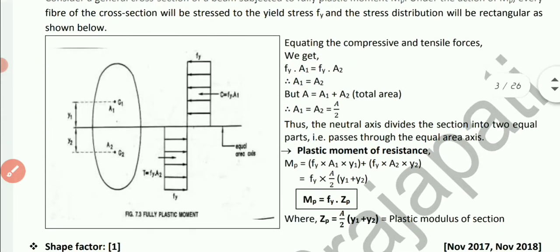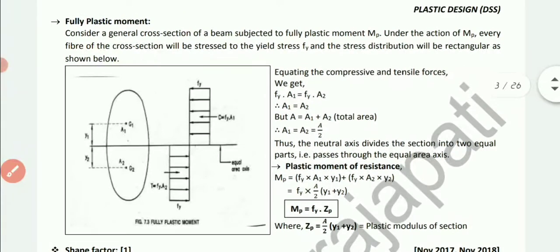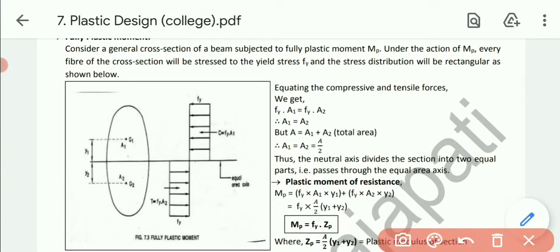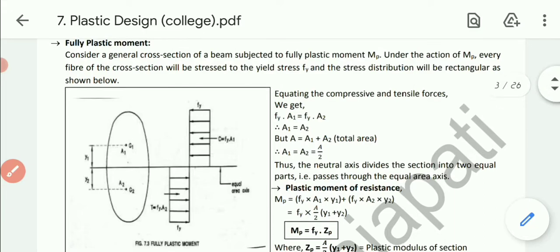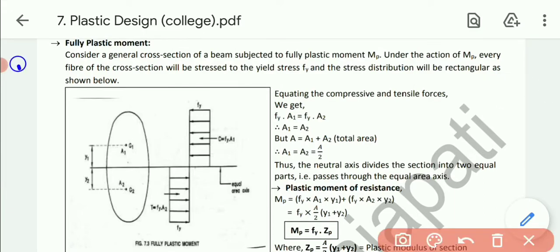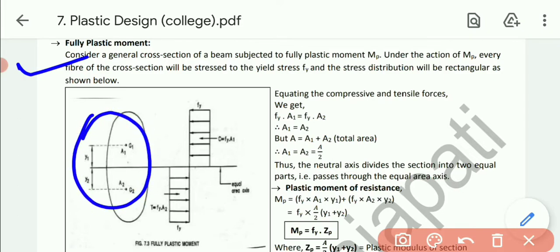Now let's understand its formula. Fully plastic moment. Consider a general cross section of the beam subjected to fully plastic moment, say Mp.